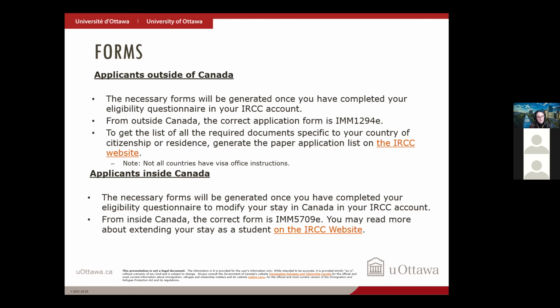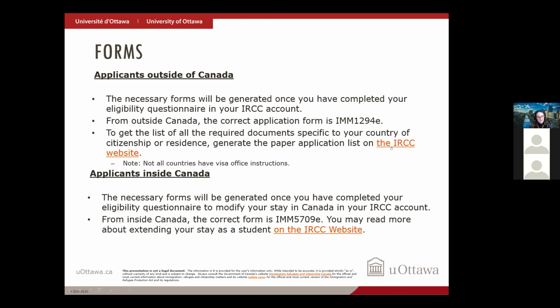So when applying outside Canada, it's always important to check if your visa office has instructions or not. Not all countries do, so it's possible you'll check and there are no visa office instructions, in which case, great, just focus on your regular checklist, but always check.